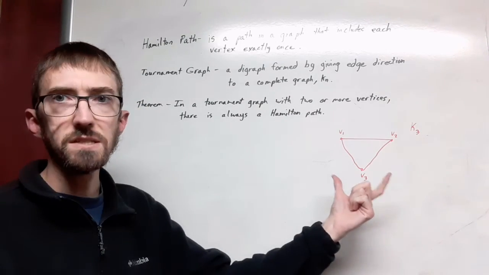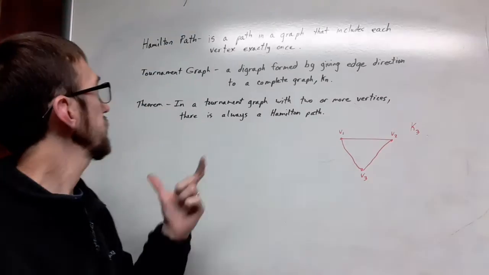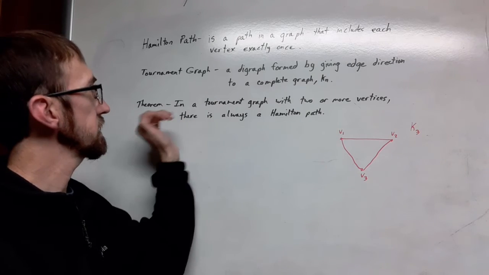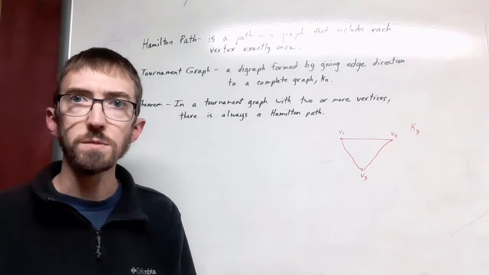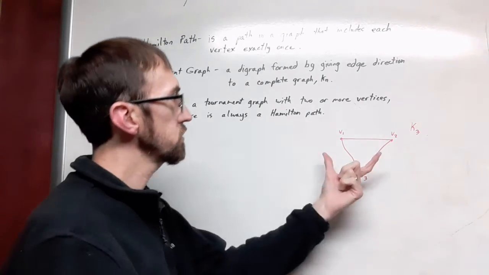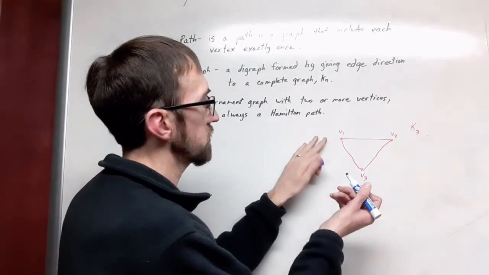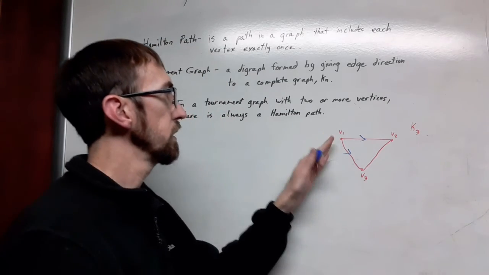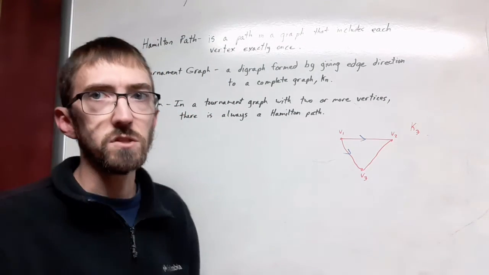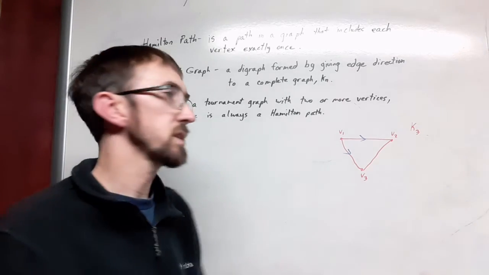And so I'm going to use the example of K3. The theorem says that in a tournament graph with 2 or more vertices, there is always a Hamilton path. So I'm going to use K3 here, and I'm going to start at V1 and add direction away from it. If this is, say, like a sports team, you're playing the other teams.